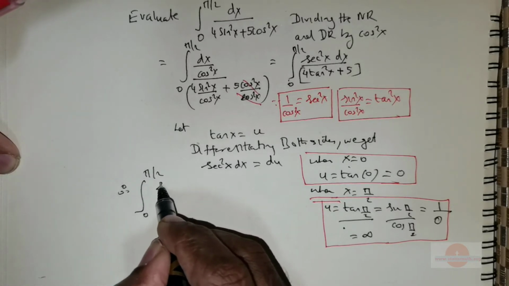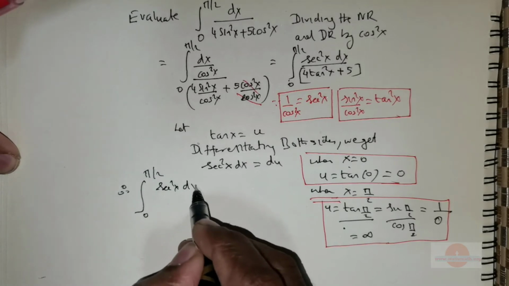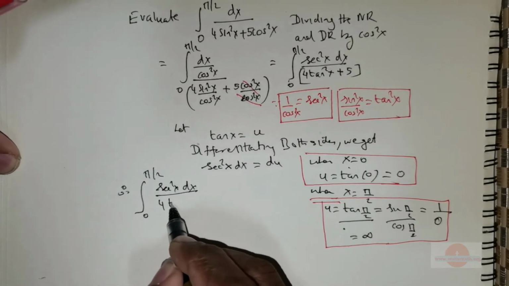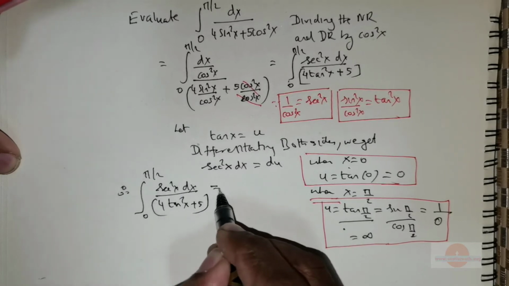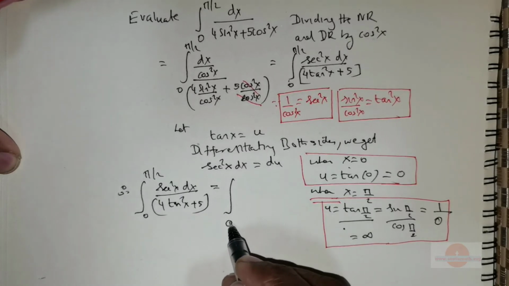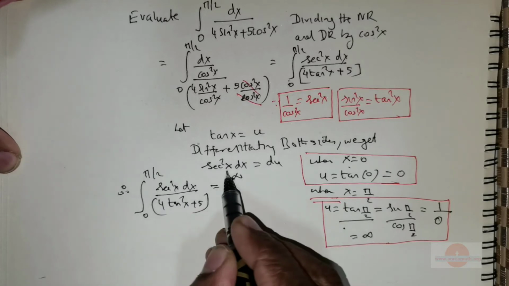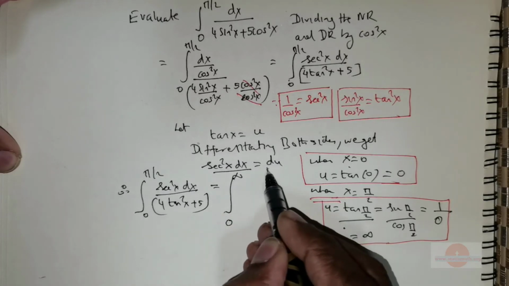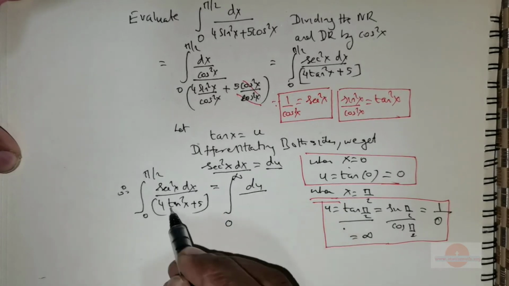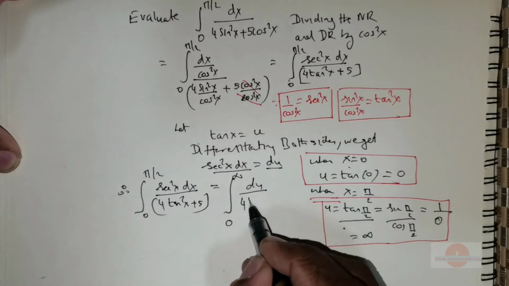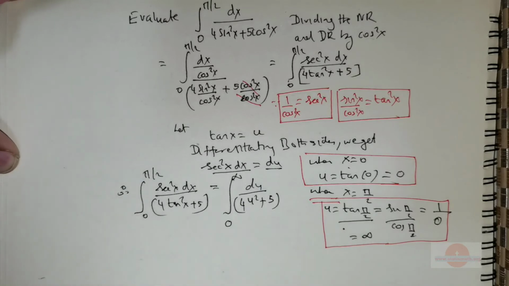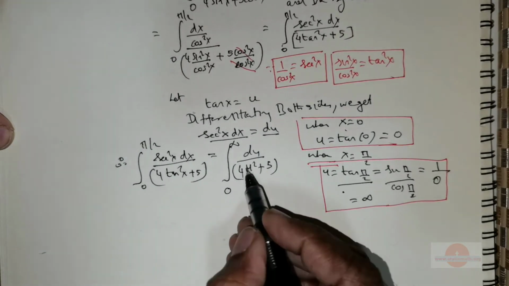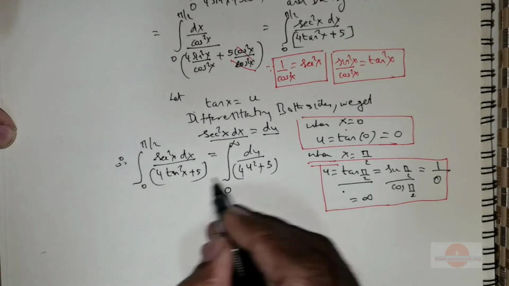So therefore the integral from 0 to pi over 2 will now be rewritten. It's actually secant squared x dx divided by 4 times tan squared x plus 5. I'm going to be rewriting this as the integral from 0 to infinity. In the place of secant squared x dx, I would be placing du. In the place of tan x is going to be u, so u squared, and retain 5 as it is. Now I'm going to be taking 4 out.